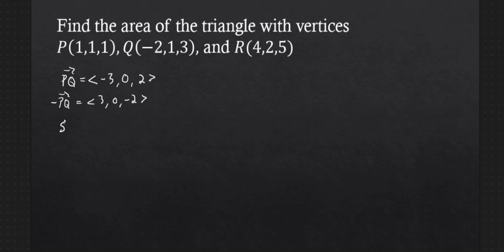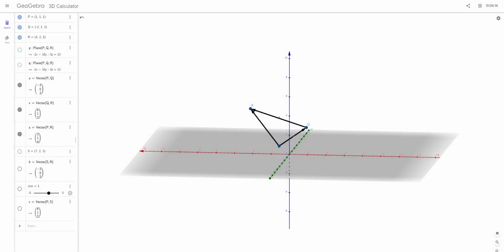So I'm going to define S, the point, to be 3 more here, so that's 7, 0 more in the Y so I still have 2, and then negative 2, so 2 down from 5, that's 3. I'll plot that point and show you that it worked the way I imagined.